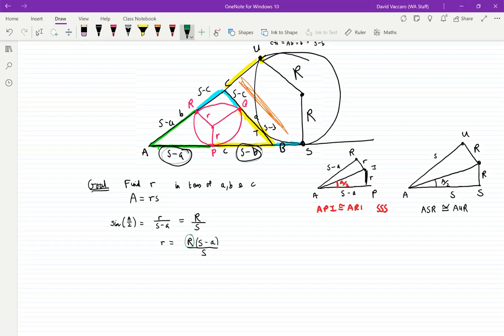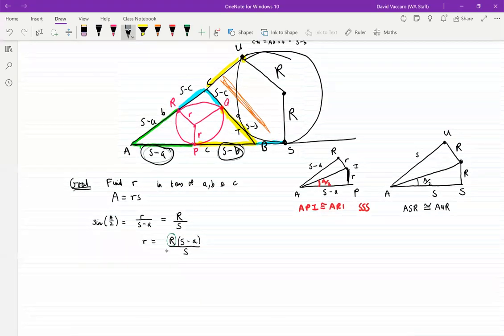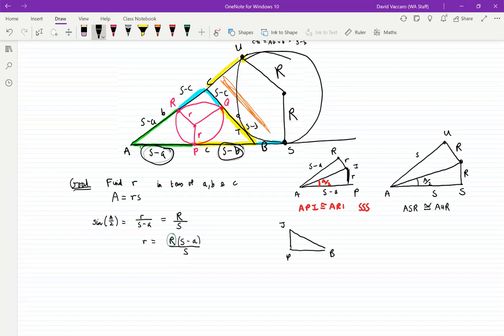But I can do something else. I can look at this triangle, BPI, and by exactly the same argument that bisects the angle B, so this angle here is B over 2, and BP has length S minus B, and PI is r.